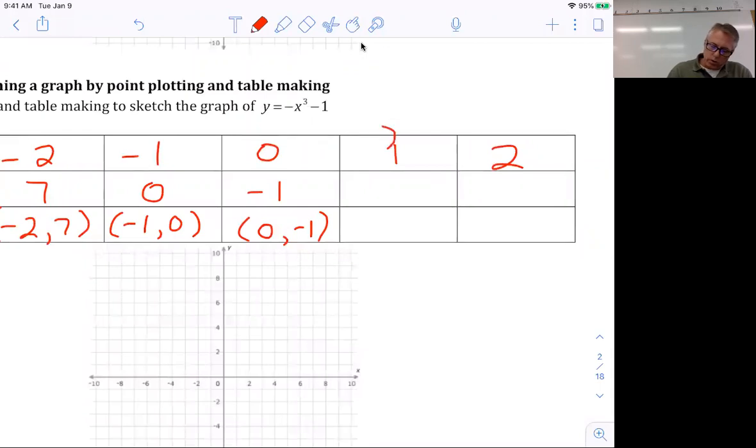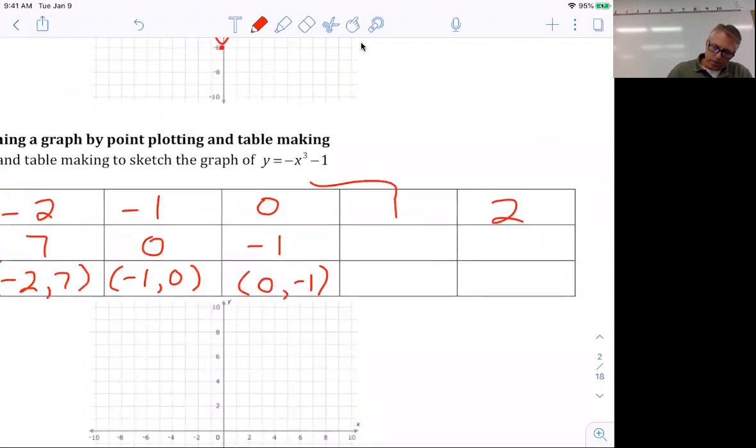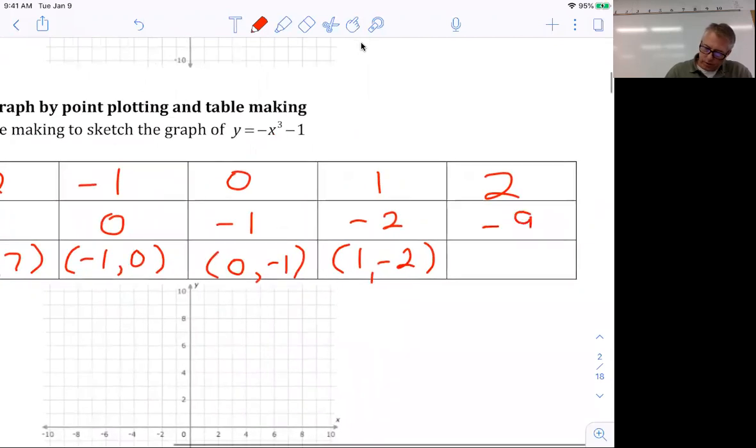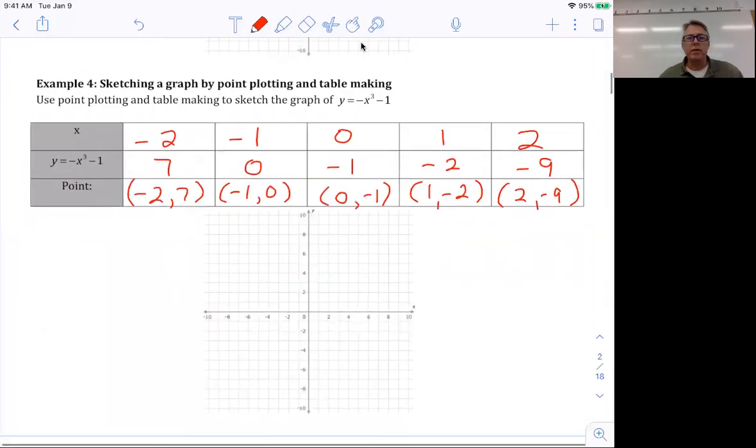Now if I plug in 1, cubed is 1, and the opposite would be negative 1 minus 1 would be negative 2. And for my next one, we're going to get negative 9 as our output. So 2, negative 9 is our last coordinate that we're going to find.